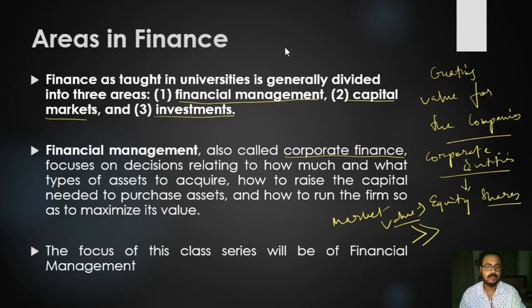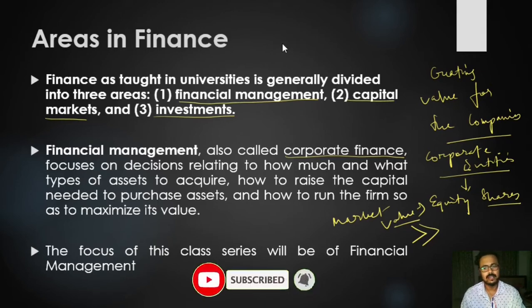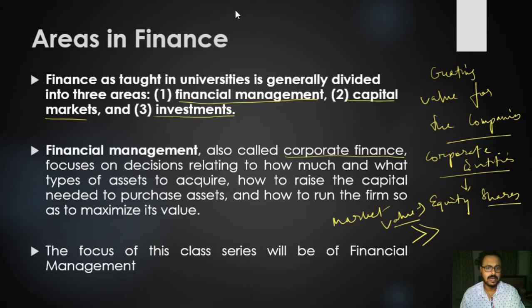When we talk about financial management in terms of corporate finance, a few questions are raised in order to start the operation of any company. The first question is, what kinds of assets are required to be purchased?